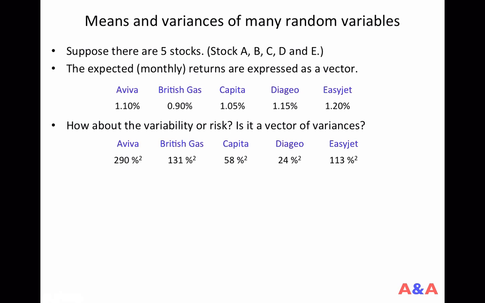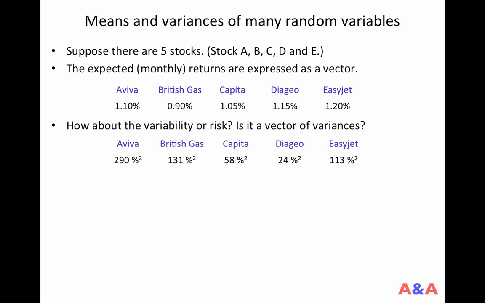what you care is not just the risk or variability of individual stocks. You also care how, for example, how Aviva's return and British Gas's return are correlated with each other. Or how much, for example, Capita's return and Diageo's return are correlated with each other.